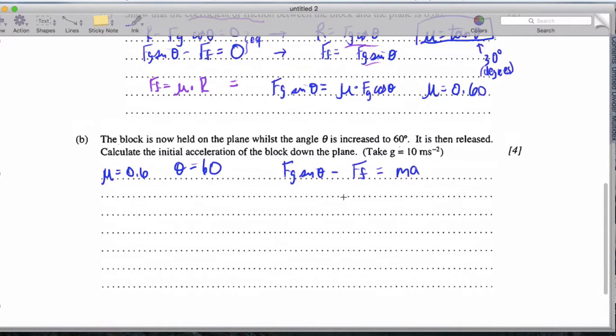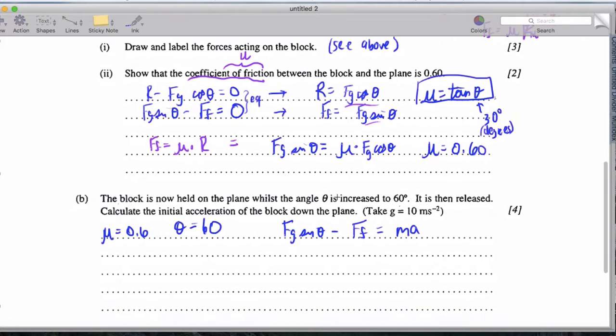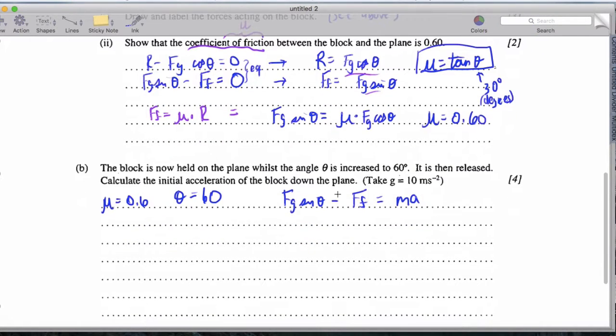So mg sine of 60 minus 0.6 times mg cosine of 60 equals m times a.